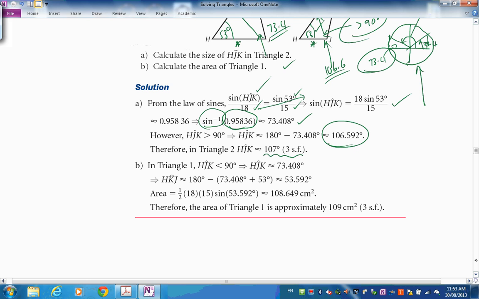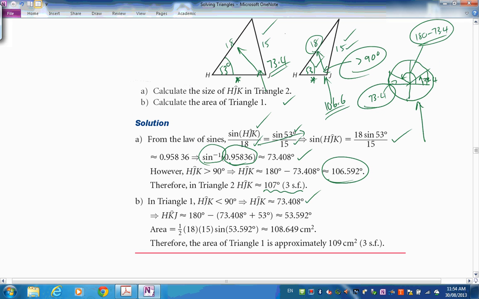Let's have a look in triangle HJK. Well, we know that because the sides are the same here, let's just go back up a little bit. The sides were the same in these two triangles. So this must be the 73.41, and so its area is half the product of two sides, 18 by 15 by sine of the included angle, and we will use 73.4 there to find that other angle, 180 minus those two, 53.592.